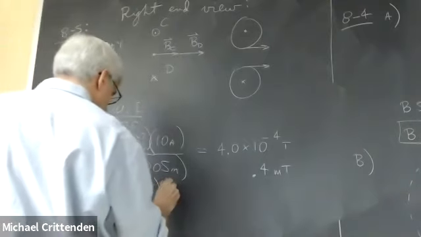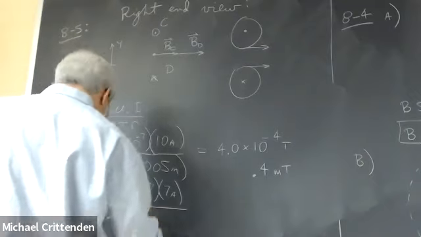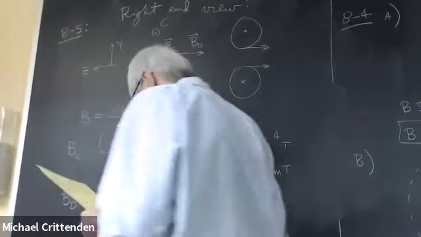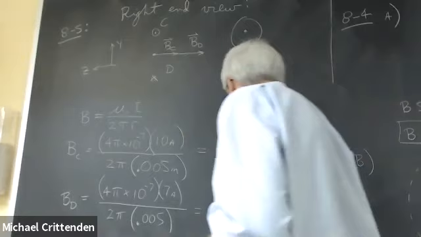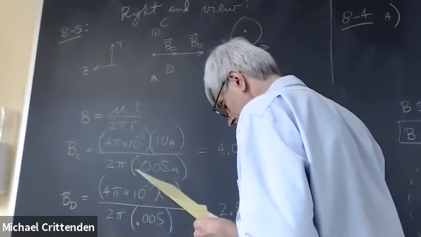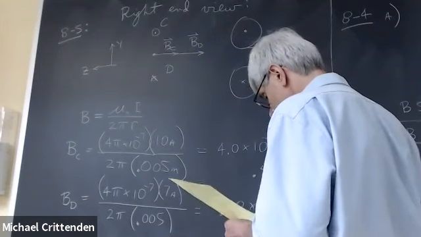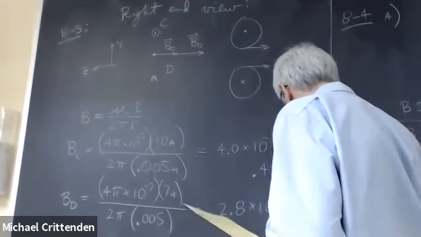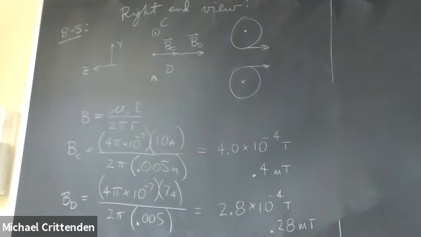The other wire has 7 amps in it, same distance away. And that one comes out 2.8, in other words, 0.28 of a millitesla. Then the superposition principle says, find the vector sum.